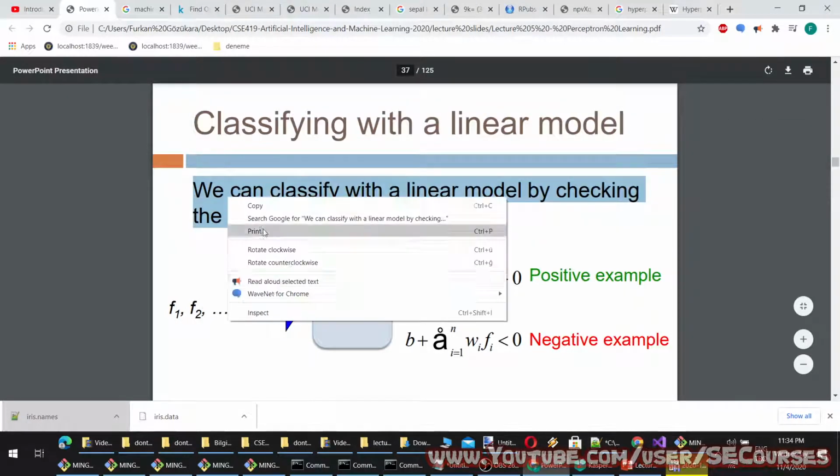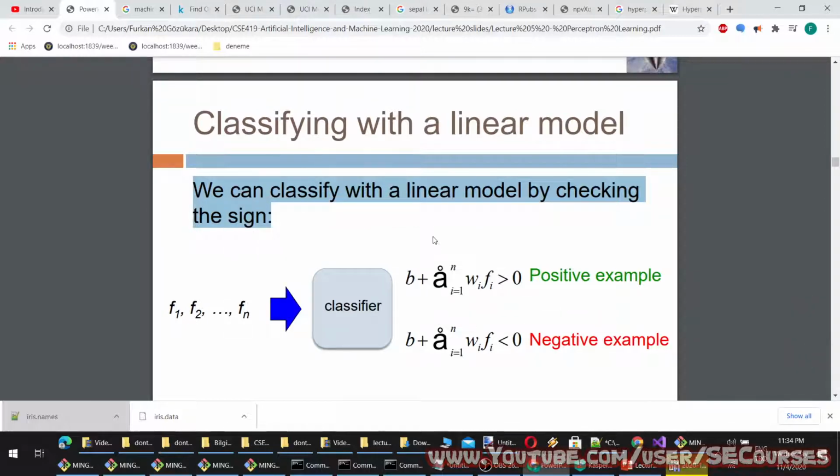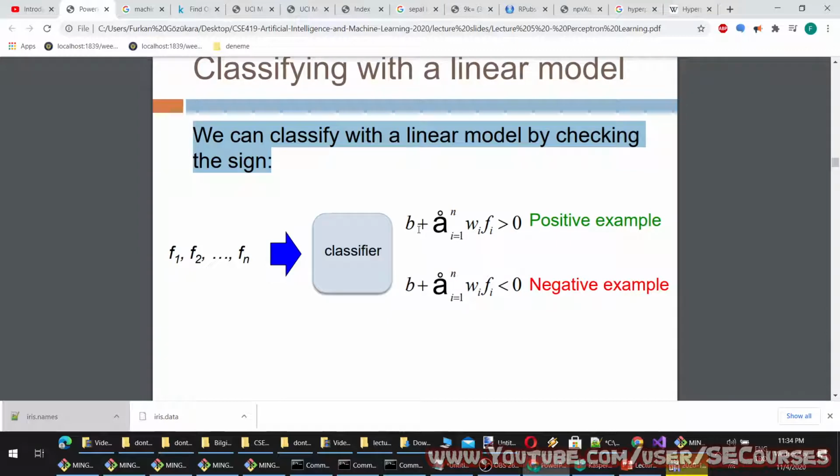Classifying with a linear model. We can classify with a linear model by checking the sign. Okay, so if the sign is positive, we can classify as positive example, and if the sign is negative, we can classify as negative example.